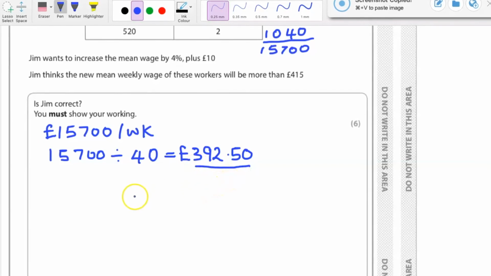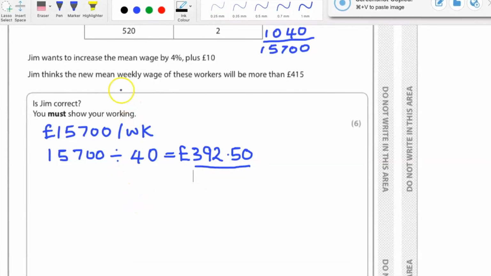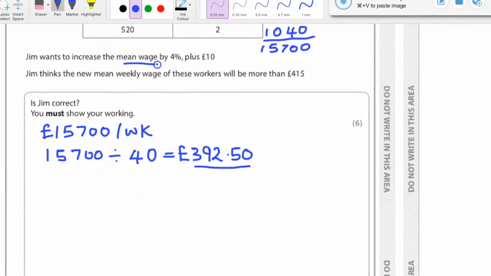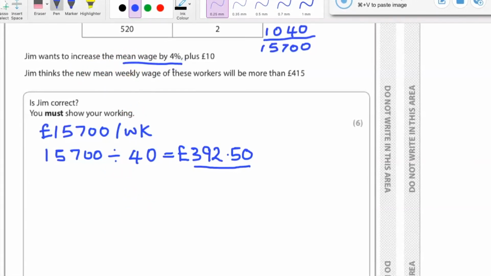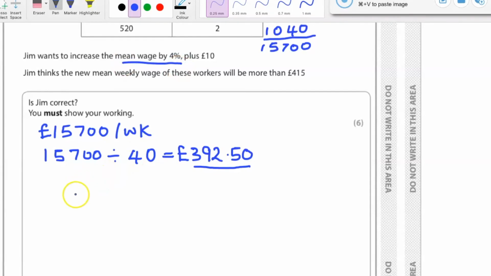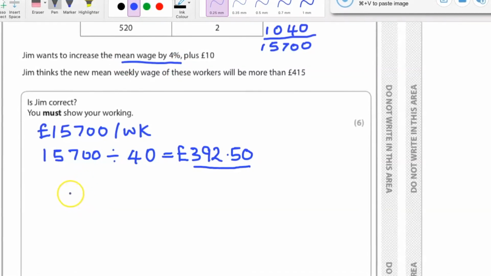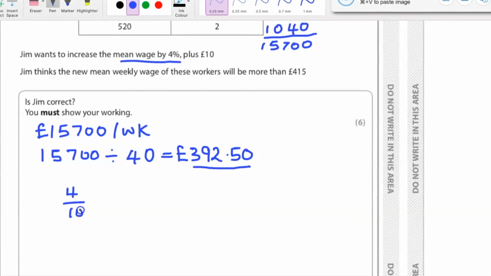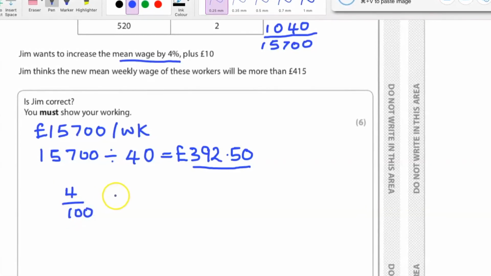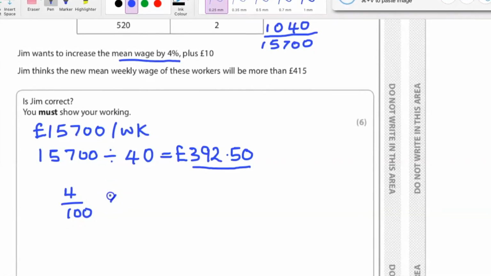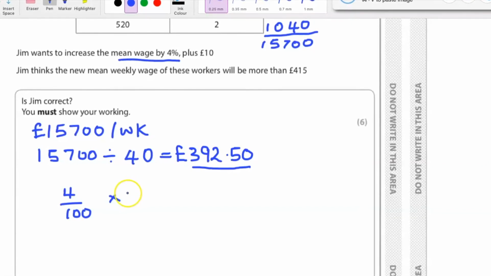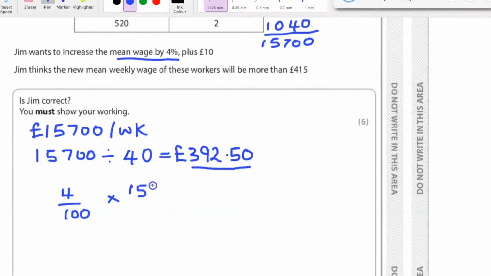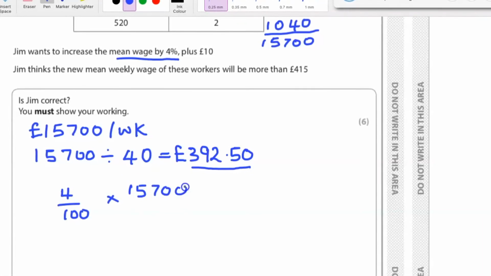Okay, so what it wants us to do now is to increase the mean wage by 4%. So if we do 4%, which is written like that, times 15,700.